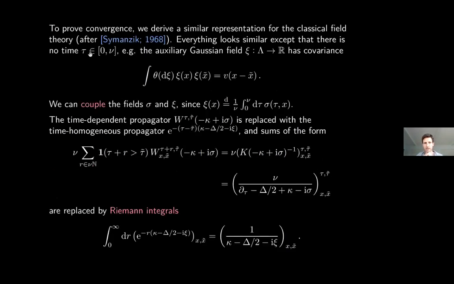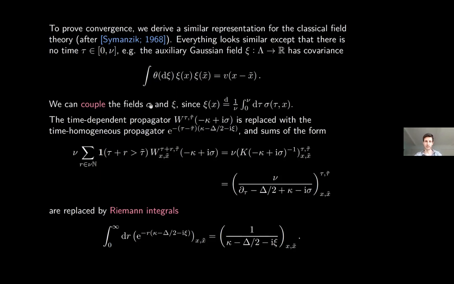Basically, what you can do is take a representation inspired by Symanzik for the Euclidean field theory. You can derive a very similar representation, again using a Hubbard-Stratonovich transformation. It works in the same way, except it's much easier. You have no time direction. You get a new field psi, and the key is you can couple these fields.